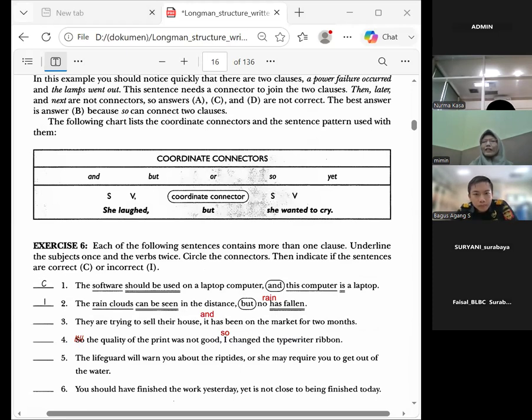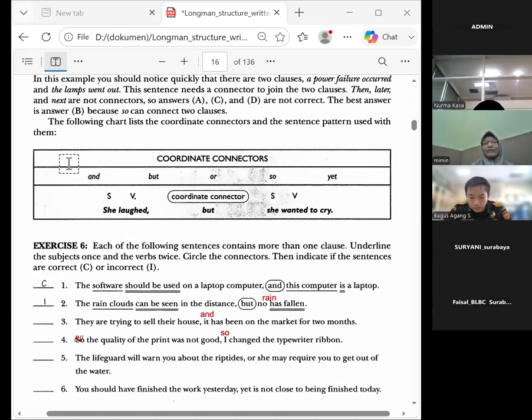Any questions up to this point? Yes, coach. So the connector must be in the middle of the sentence. Exactly. That's why I emphasized at the beginning: first, memorize these connectors, and, but, or, so, and yet, and then try to see the pattern, the structure.